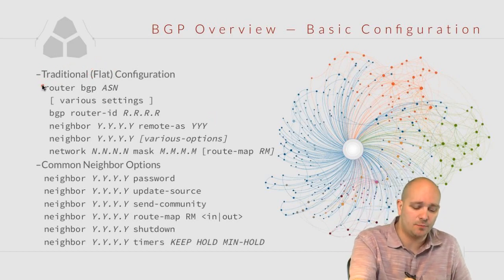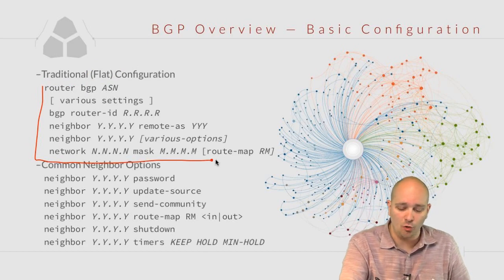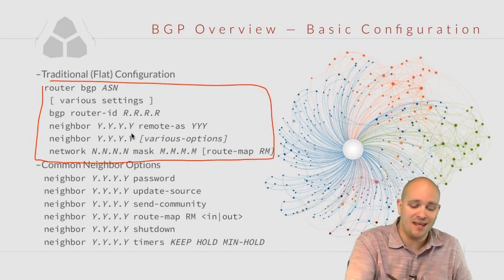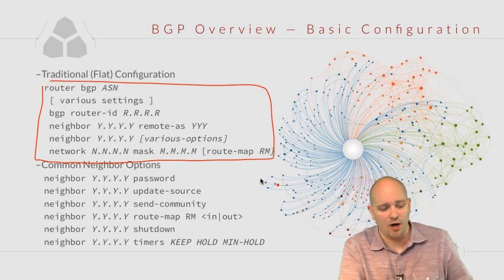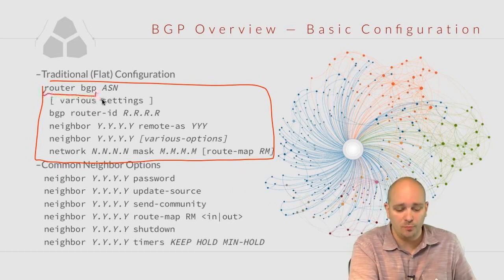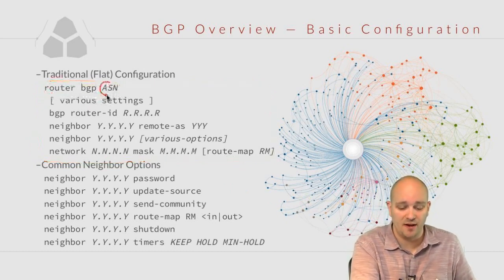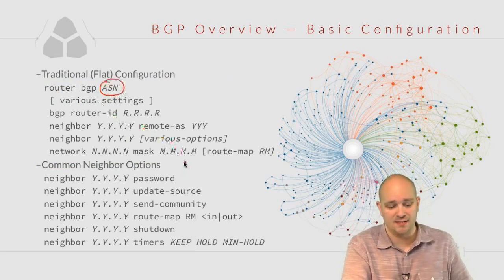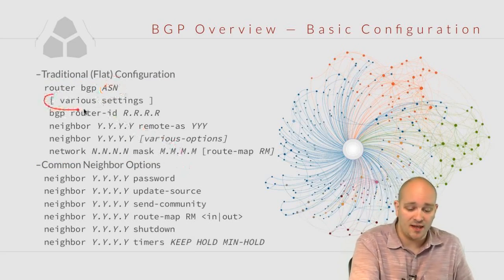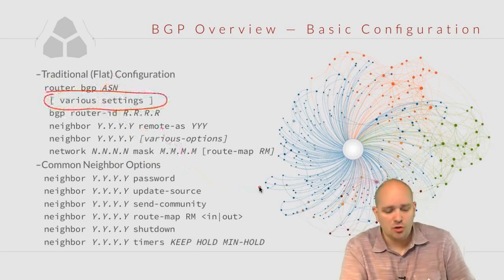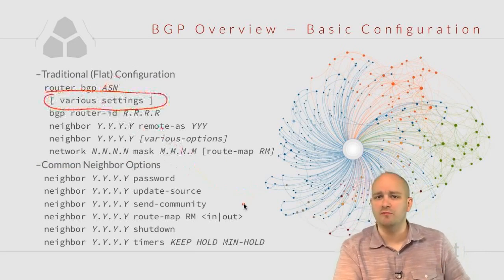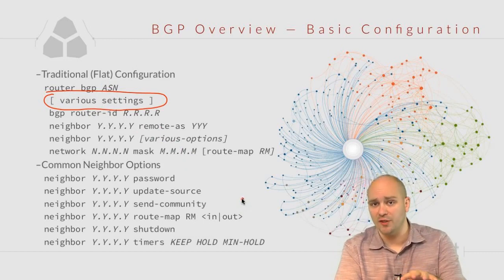It's called flat because when you look at the configuration, all of the commands appear to be in a single level of hierarchy. We are going to configure router BGP, then we are going to specify our own AS number, and here we can specify various settings that are going to influence the behavior of BGP from a global perspective on that router.